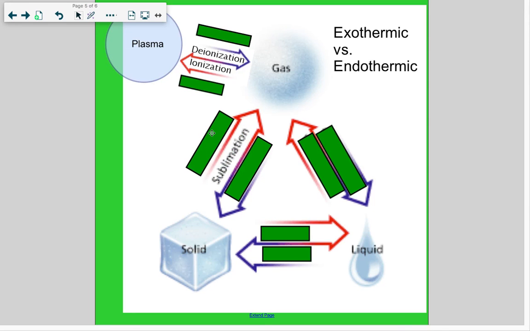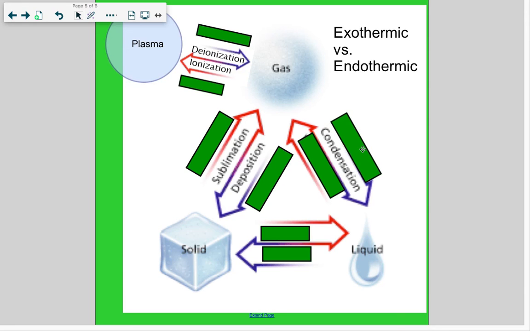All right, so if I was going from a solid directly to a gas, remember that that is sublimation, very nice, and going gas back down to a solid, that was the tough one a lot of people don't remember, and that is deposition. Okay. Then going from a gas down to a liquid, that would be condensation, and then a liquid back up to a gas, that was vaporization.